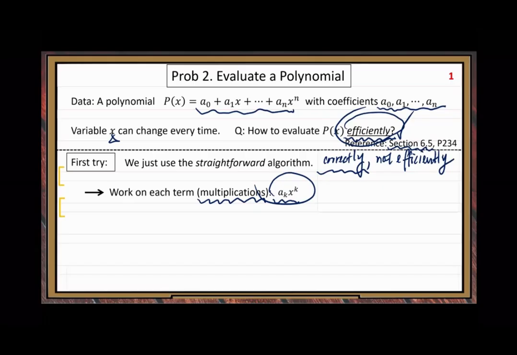Why? Because this k is unknown. This k could be 1, could be 3, could be 100, could be 1,000. Many people, when they encounter some uncertainty, do not know how to handle it.